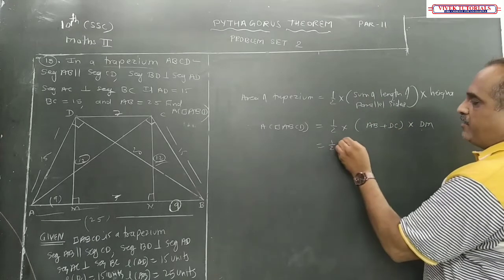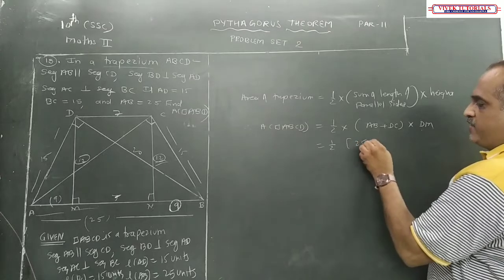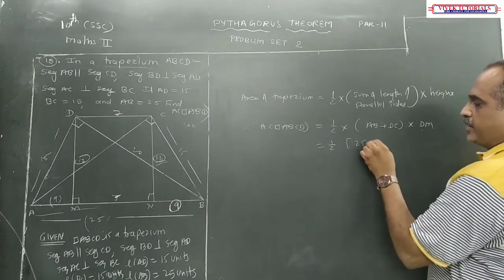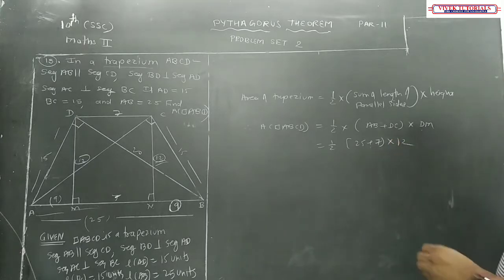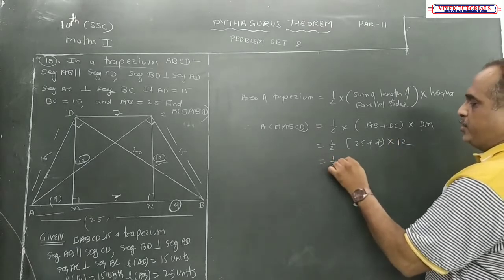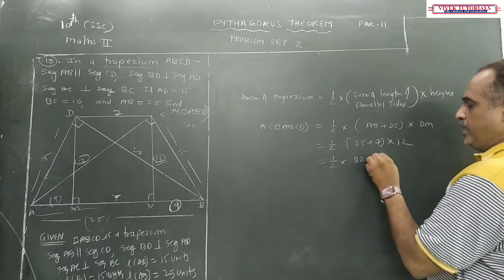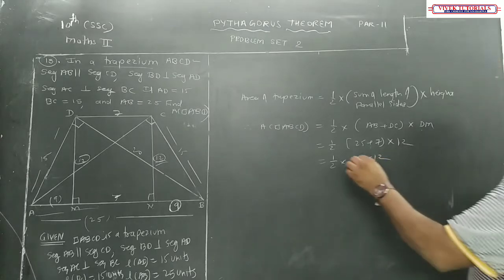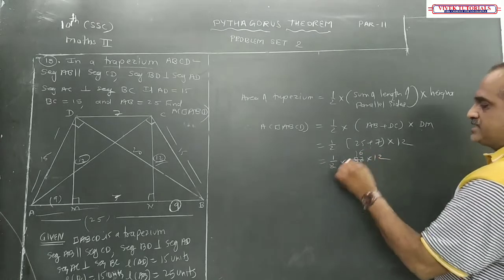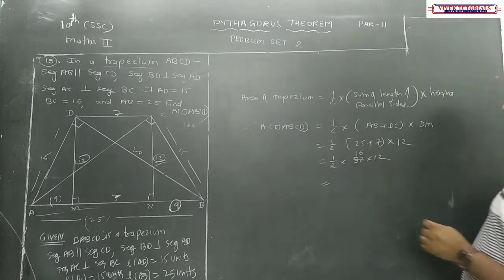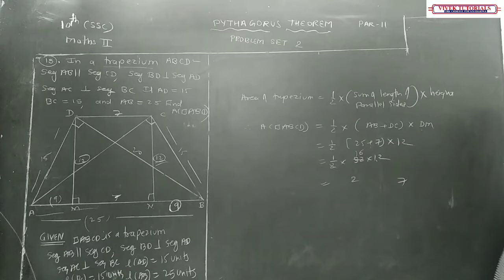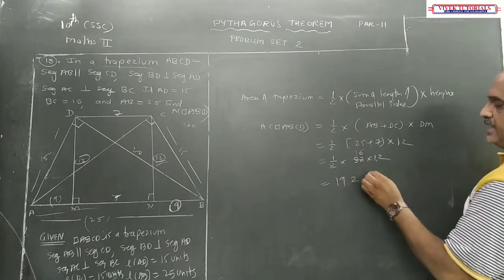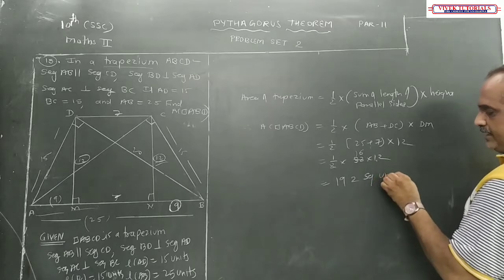That is equal to half into 25 plus 7, into 12. So, half into 32 into 12, half into 16, 12 sixes are 72, 12 ones are 12, plus 7 is 9, that will be square units.